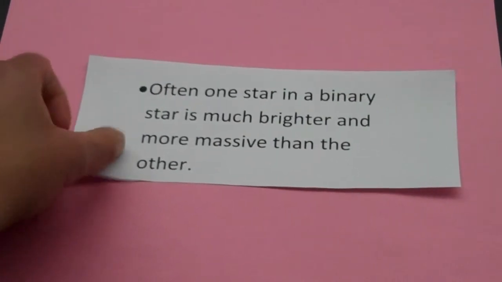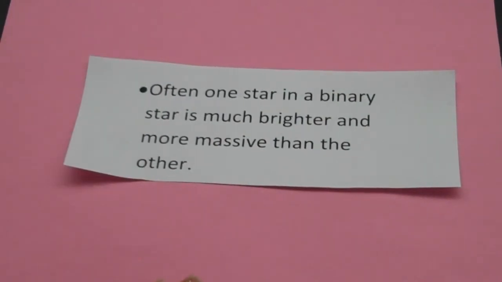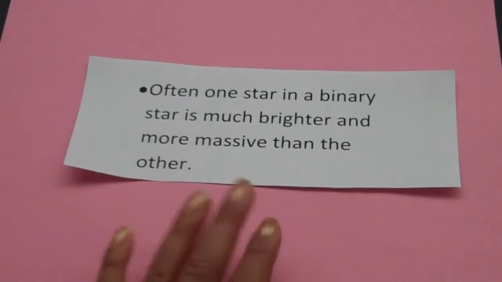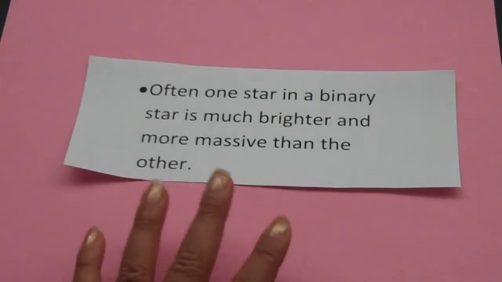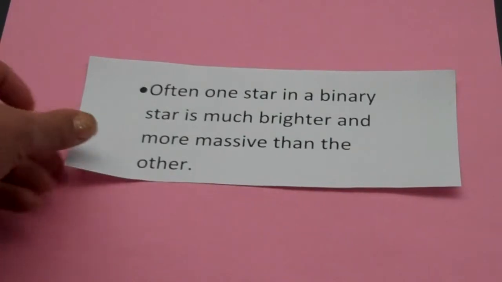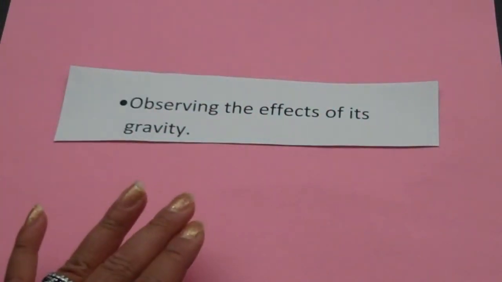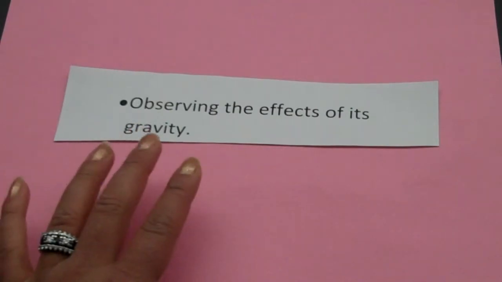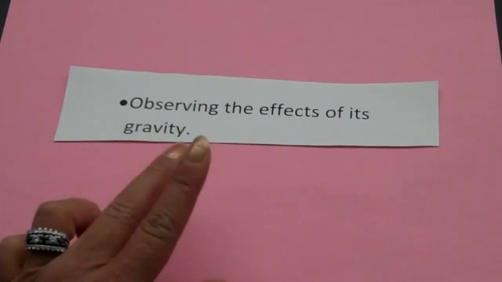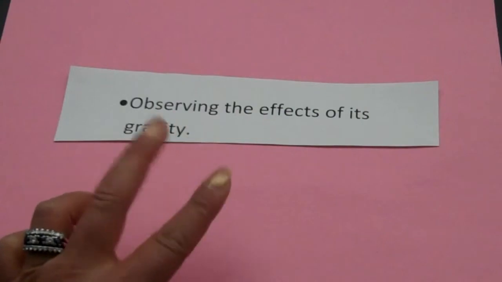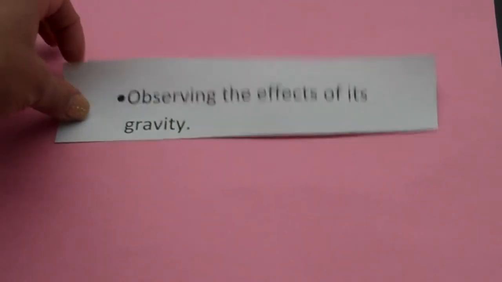Often one star in a binary star is much brighter and more massive than the other one in most cases. So that's a fact. By observing the effects of its gravity, you can determine what's going on if there are two stars creating a binary system.